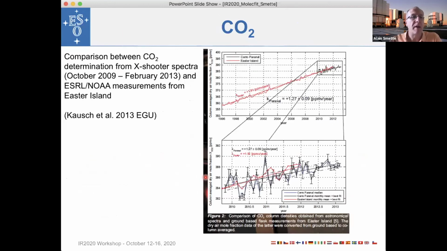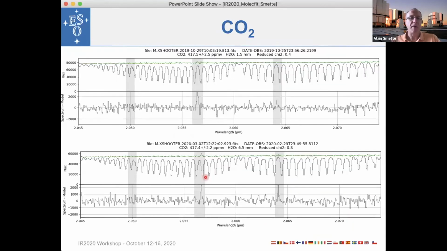Wolfgang Kausch has already shown this a few years ago, that we can reproduce the increase of CO2 in the atmosphere. Here are some CO2 bands obtained with X-shooter. The spectrum has been fitted, except for the regions in the gray area, which regularly show some data problems.